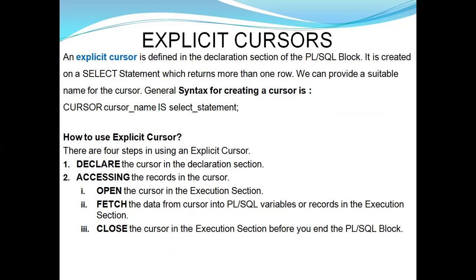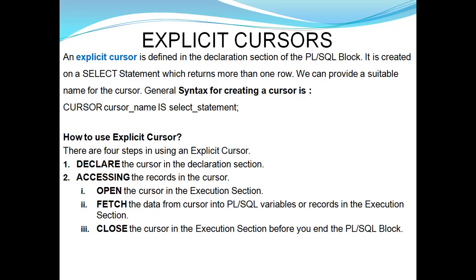Step number 1, you have to declare a cursor in the declaration section. While declaring a cursor, it is associated with one select statement. After the declaration, the next thing has to be done in the executable part, that is called accessing the records in the cursor. For accessing, you have to do 3 things.